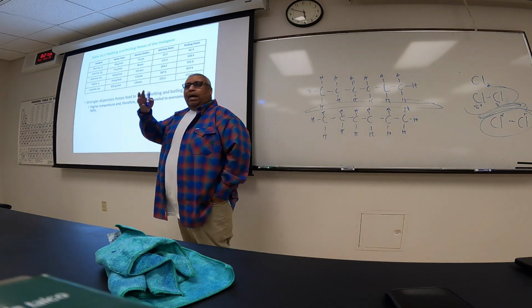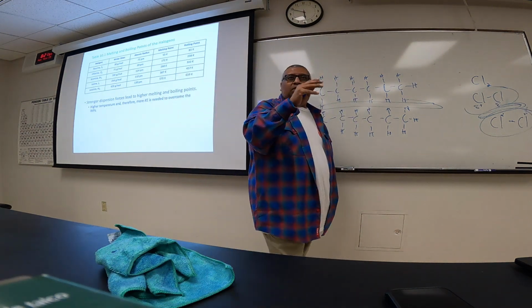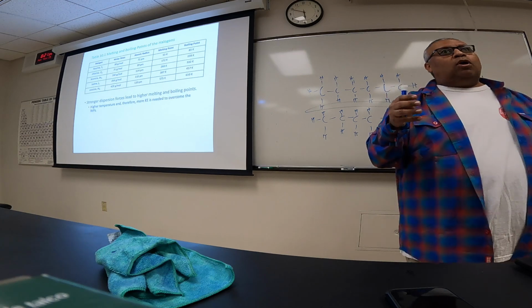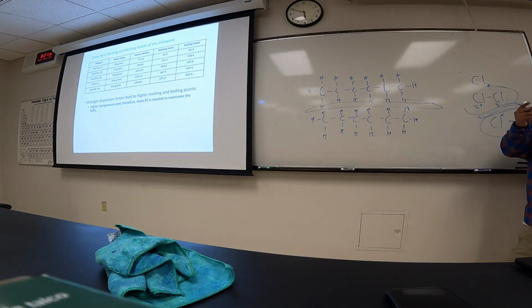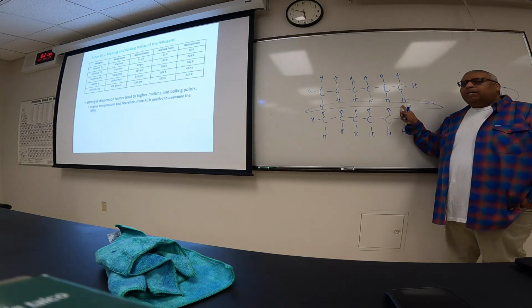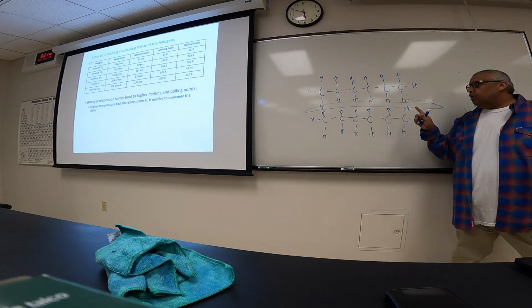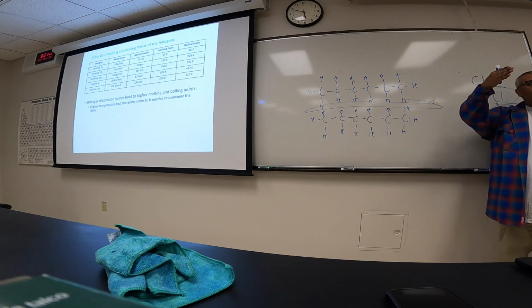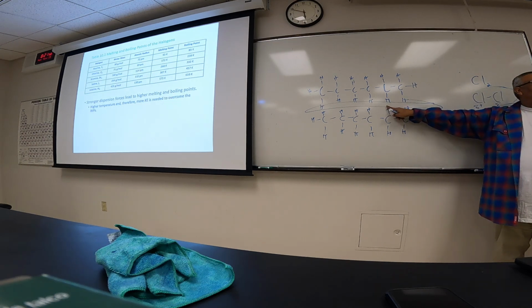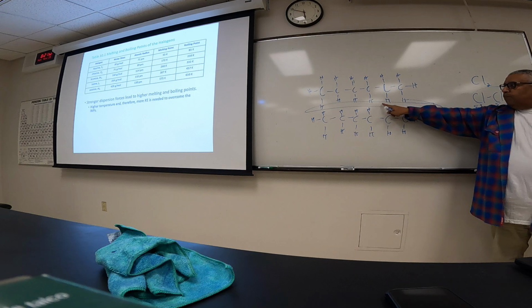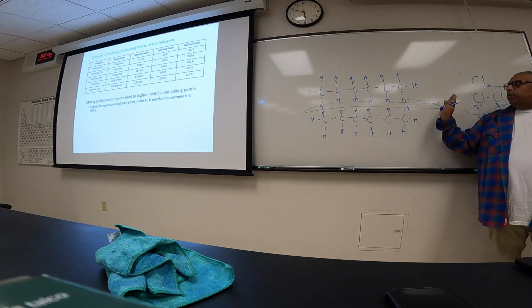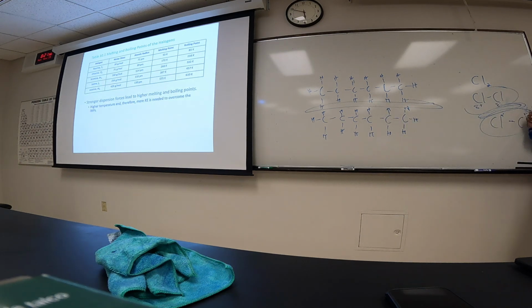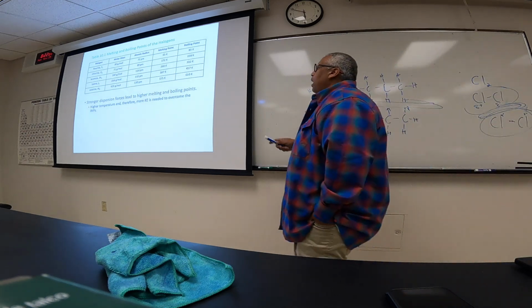As we're adding energy, we have to increase heat in order to overcome those dispersion forces. Because this is a larger dispersion force than this one, this is going to require more heat in order to go from solid to liquid, or from liquid to gas. So the melting point and boiling point for this larger one would be greater, and we can see that here.